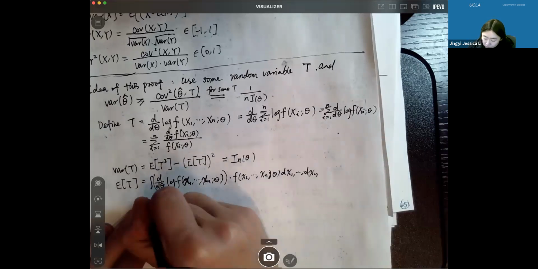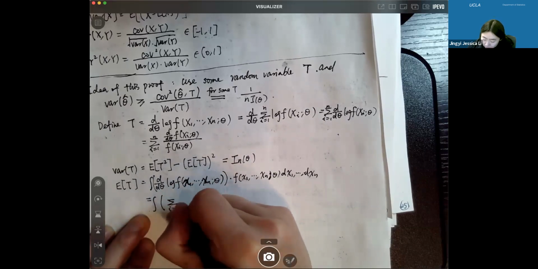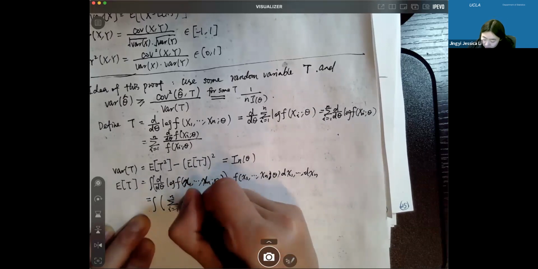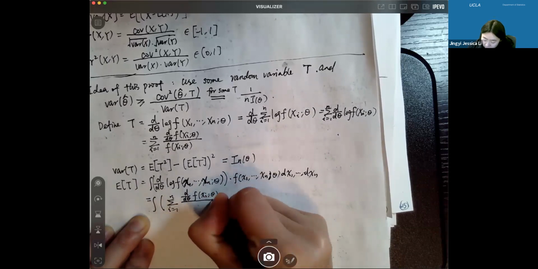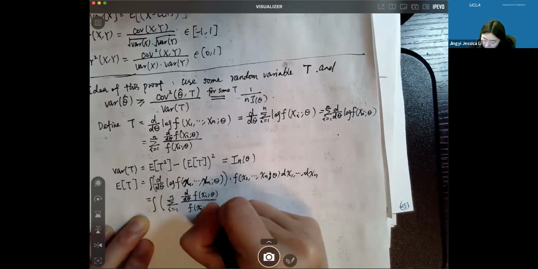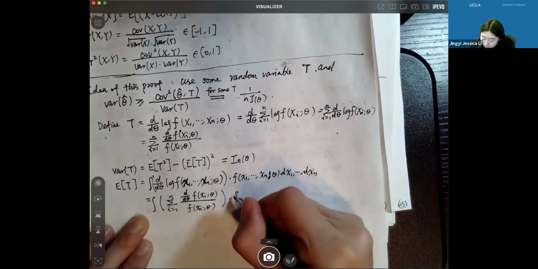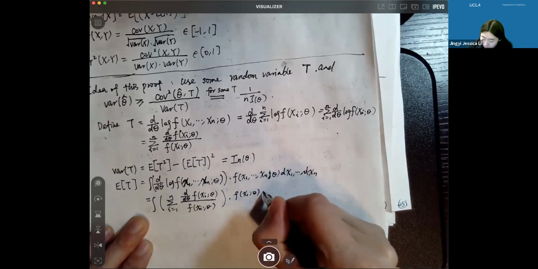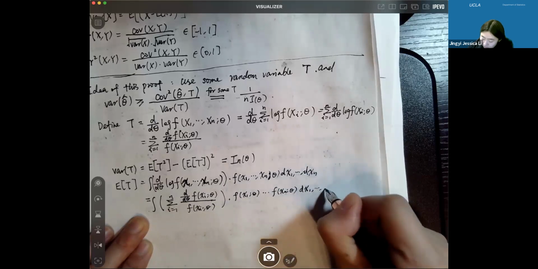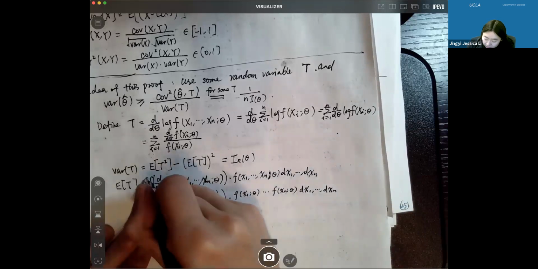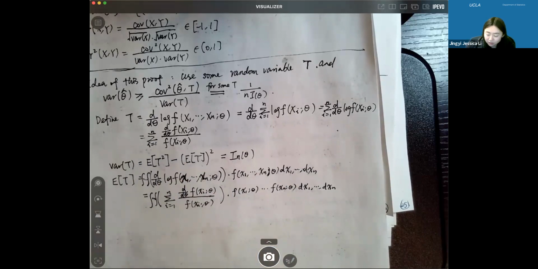I will just put this here and let you verify it: the sum over i from 1 to n of d theta f(xi; theta) over f(xi; theta), times the joint density, dx1 to dxn. Sorry, I should say this is a joint integration, so we have n integrations here.